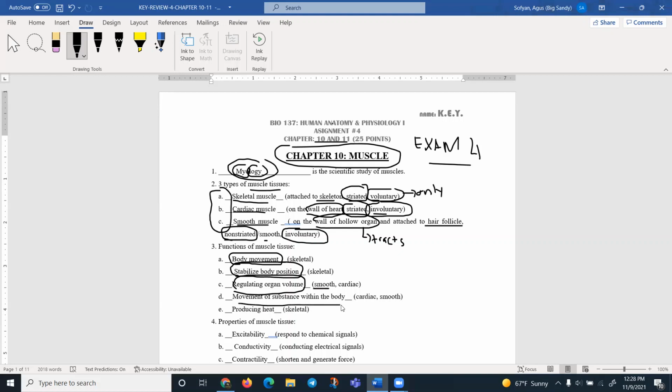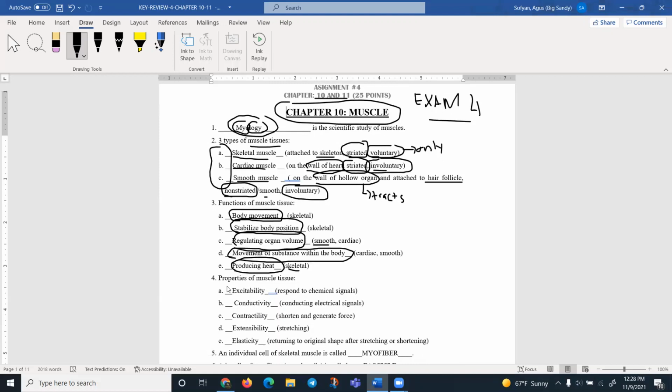Movement within the body, like cardiac muscle and smooth muscle, they're able to move air, oxygen, food, etc. within their wall. And producing heat, this is mostly skeletal muscles. When we feel cold, for example, the skeletal muscle can contract, shivering, to increase body temperature.